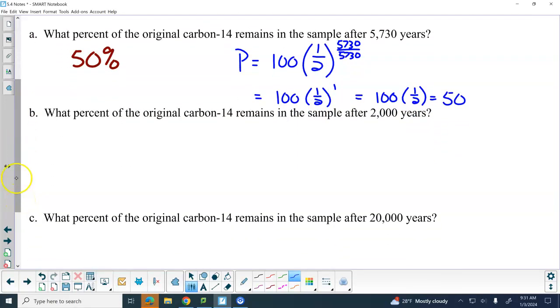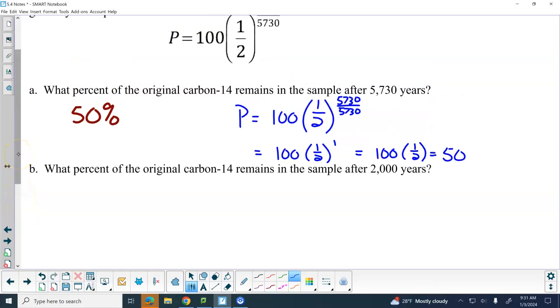Percentage on this one then. This one we don't know, so we're going to have to plug this one in. 1/2 to the 2,000 divided by 5,730.